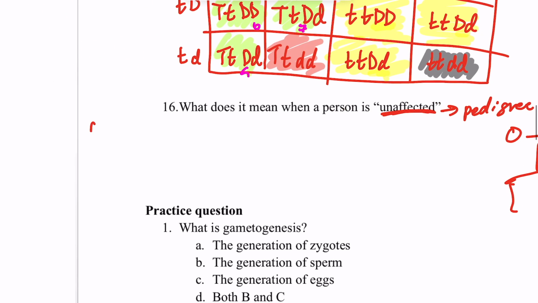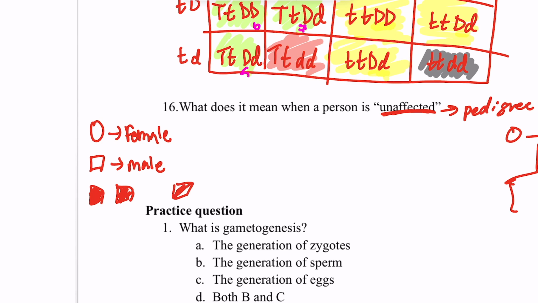Circles are female. Squares are male. If you're diseased, you are shaded in. If you are unaffected, you are half shaded in. And this half shaded in box or circle, unaffected really just means heterozygous.